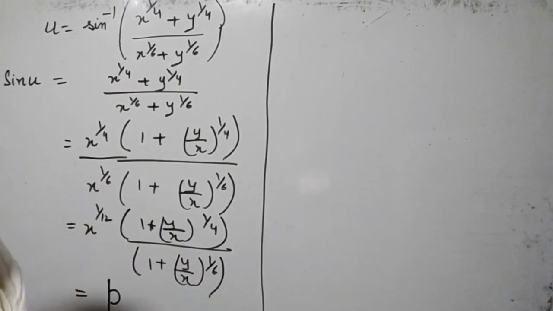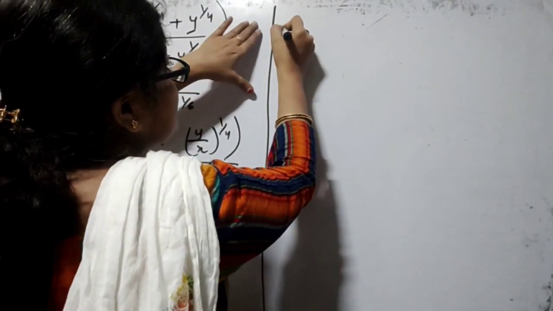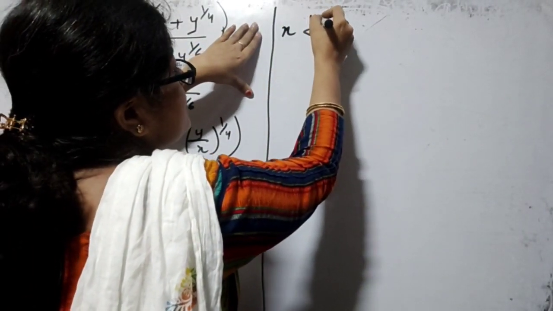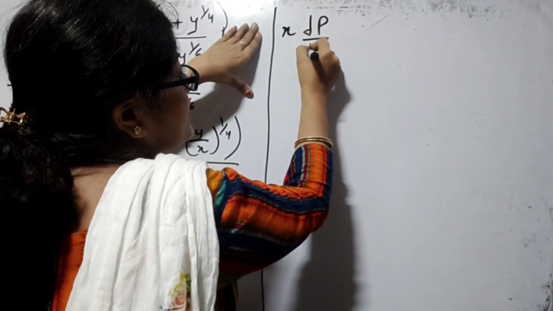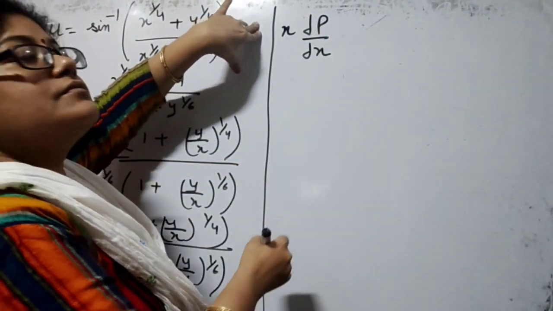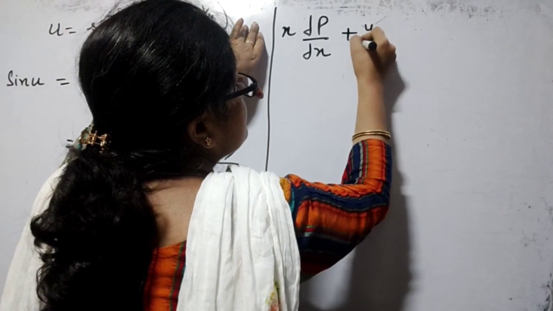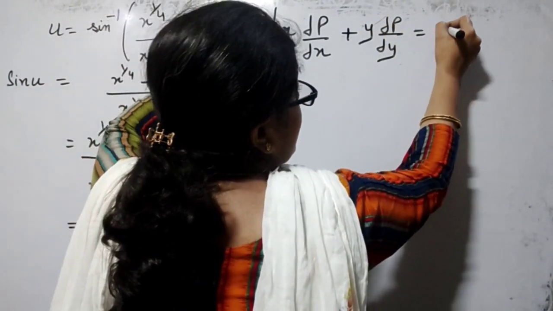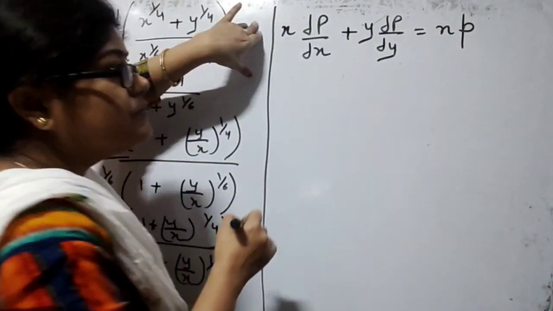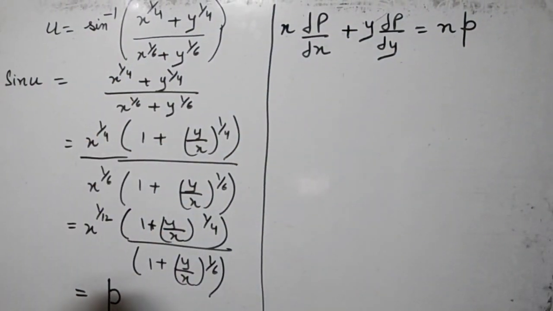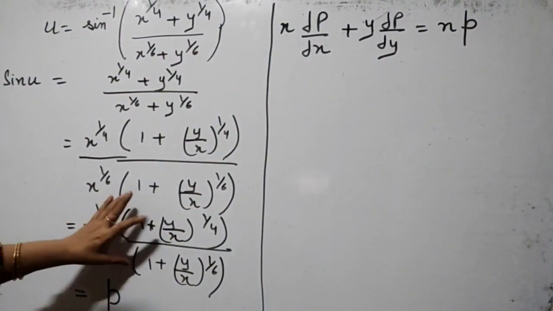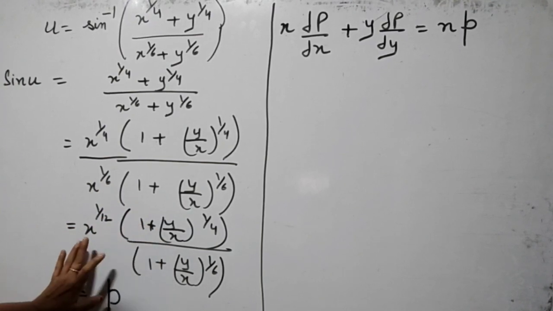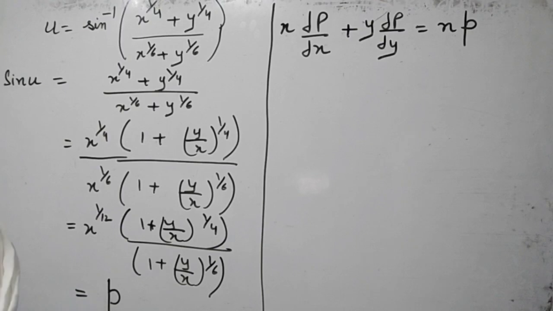So from Euler's theorem, we have x dp over dx plus y dp over dy, which is equal to n times p, because we assume this function is a homogeneous function of degree 1 by 12 and it is represented by p.